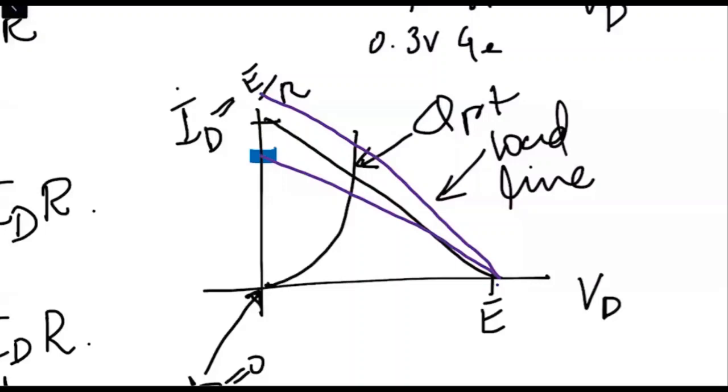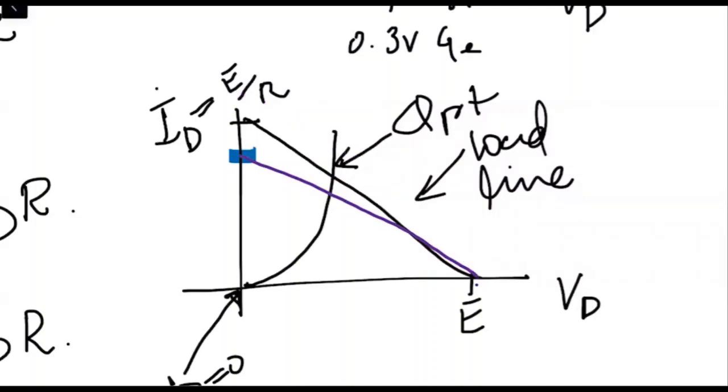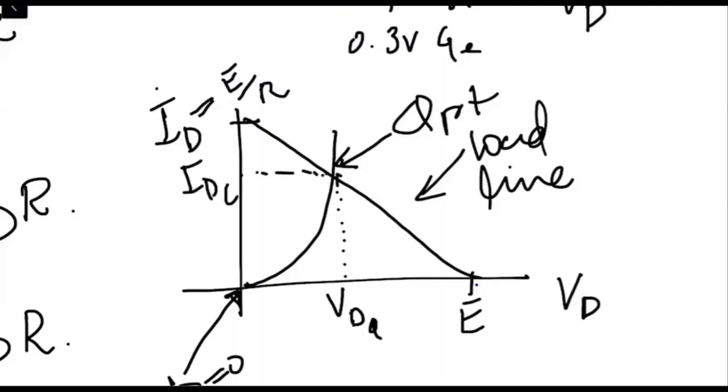So if I say this is the Q point, then at this specific point we can say this is VDQ, and if I draw the line over here, the current will be IDQ.